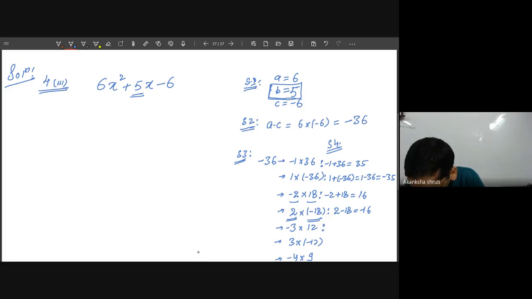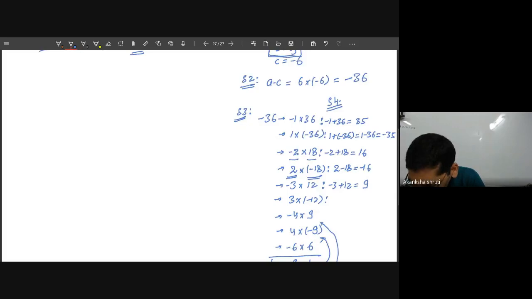Here what will we get, student? Minus 3 plus 12, so it will give us plus 9. If I am taking this one, 3 and minus 12, it is going to give us minus 9. If I take this one, minus 4 plus 9, it is going to give us plus 5.